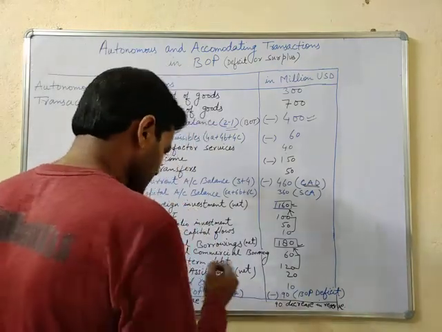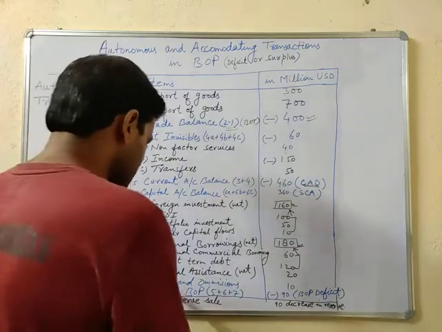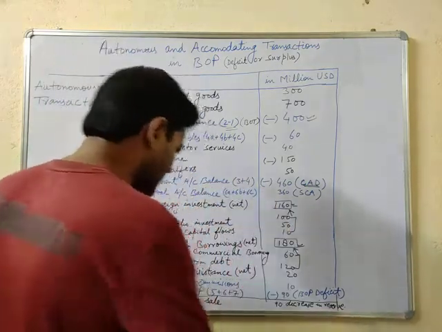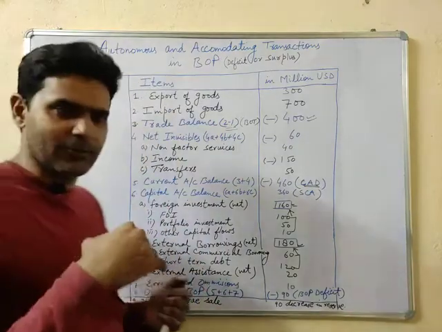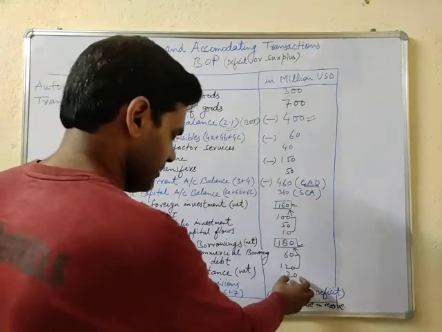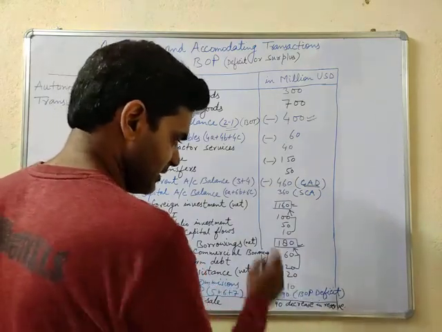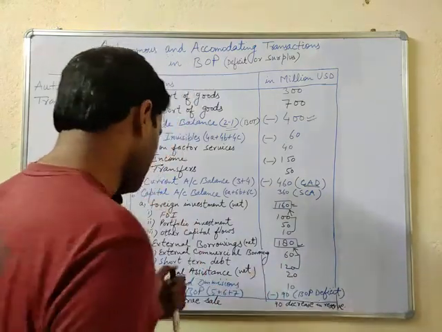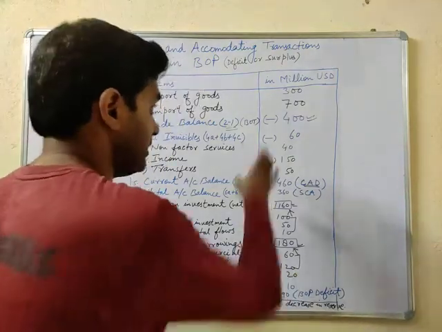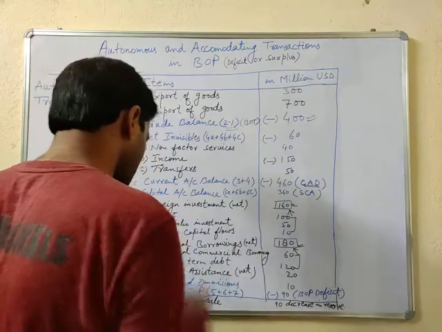Here again the figure is net. So external assistance means the assistance which we have given to others and the assistance which we have got from the foreign countries. So the net figure is positive, it means it is a credit item. So external assistance constitutes 20 million US dollar.